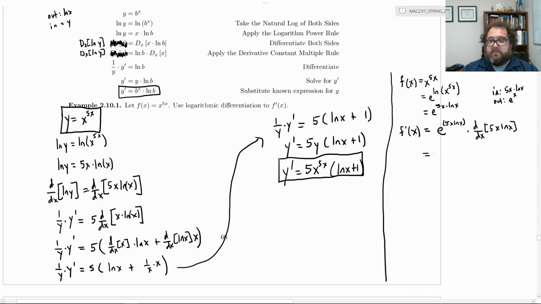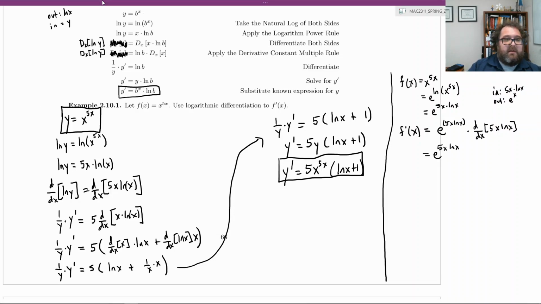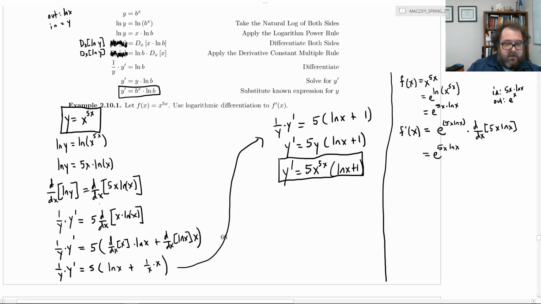Now here's the takeaway. We've already done the derivative of 5x times natural log x. Remember we did that over here when we solved it using logarithmic differentiation. Here, the entire right-hand side, this is the derivative of 5x times natural log x. Oh, sorry, that's not the simplified derivative.